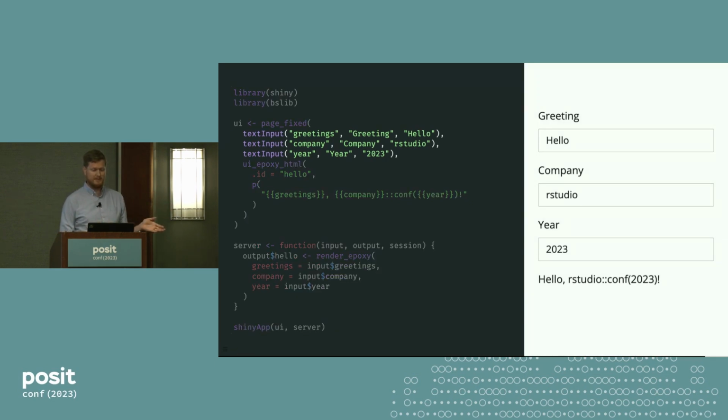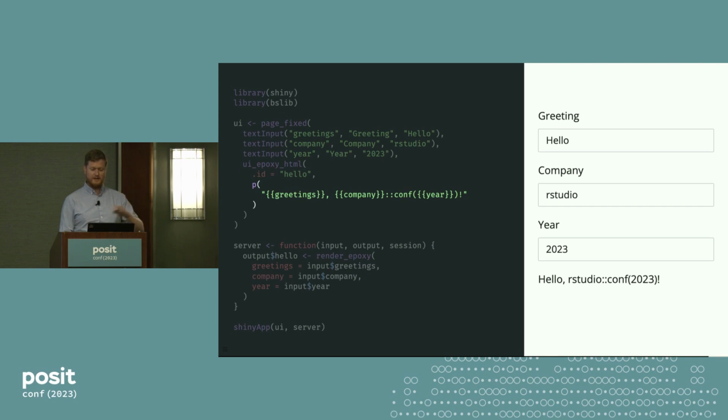We have 3 inputs where we get greeting, company, and year, and then we have a section that we mark with UI epoxy HTML. We give it an ID so we can find it, and inside of that we can just put Shiny UI elements, labels, pretty much anything. Here I picked P, so it's making a paragraph tag with some stuff written in there, and you can see the template for it.